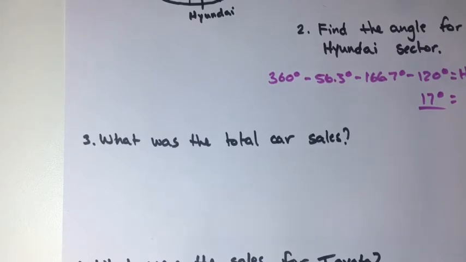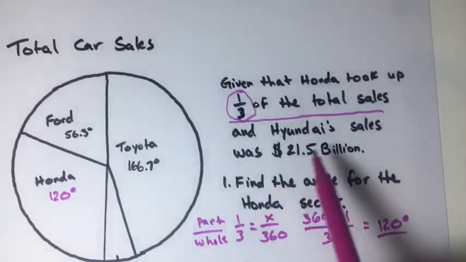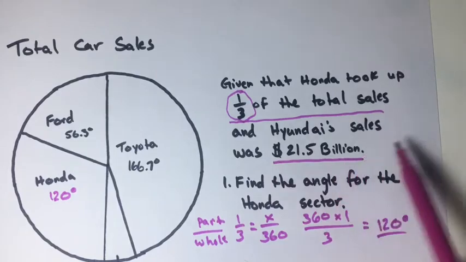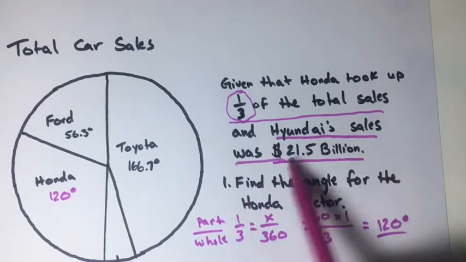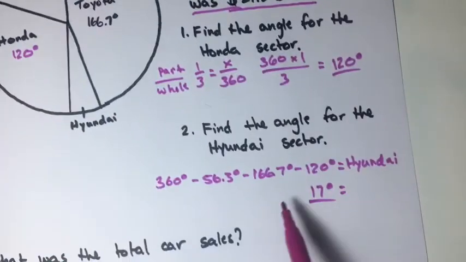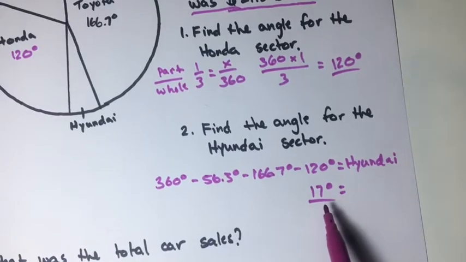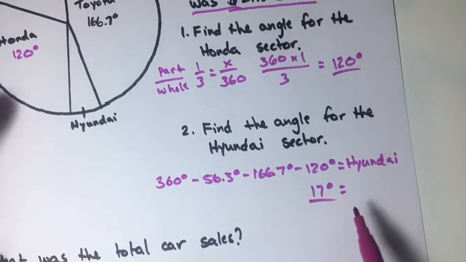Well, we know enough information to find this out. We know the sales for Hyundai is 21.5 billion, right? And we also know Hyundai is 17 degrees. So again, we're going to use a proportion.